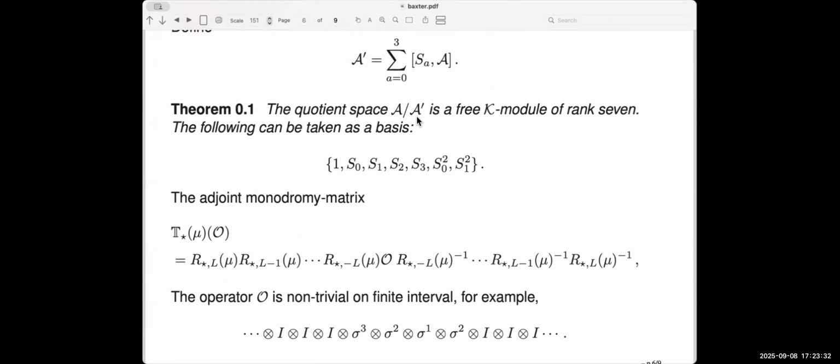And on the other hand, the Casimirs are constant. So that's why we are interested in the quotient space of A by A prime.